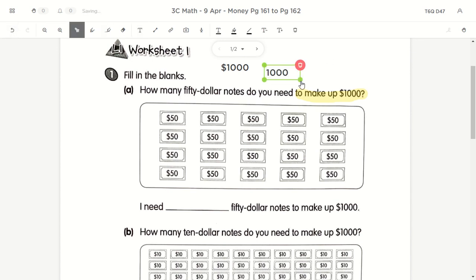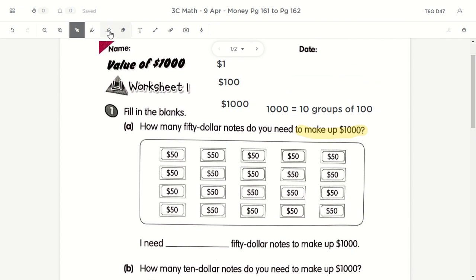I know 1000 is actually equal to 10 groups of 100. This is what we have learned in whole numbers before. 1000 equals 10 groups of 100, which also means that if I have this value of 1000, it is actually equal to 10 times 100.